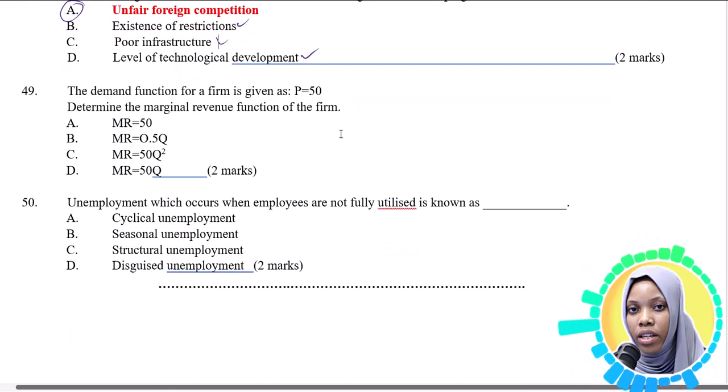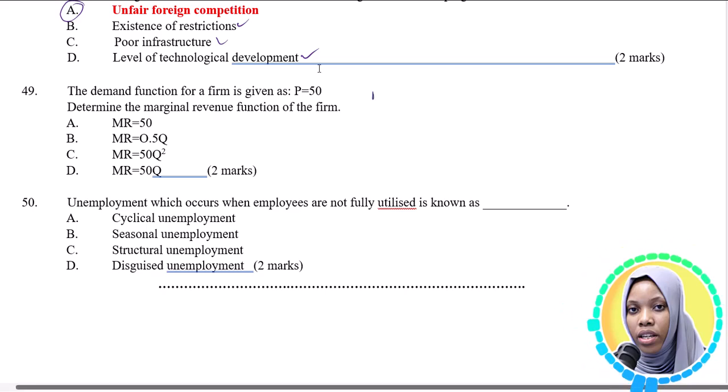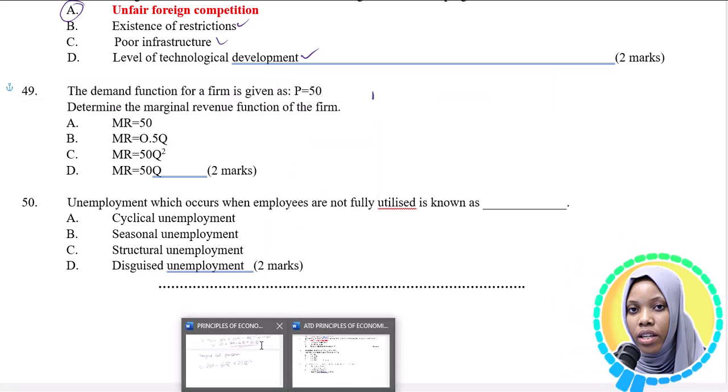Question 49, it reads, the demand function for a firm is given as P equals 50. Determine the marginal revenue function of the firm. Let's copy this in another sheet very fast.